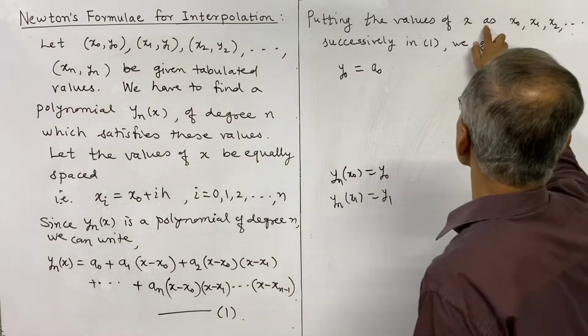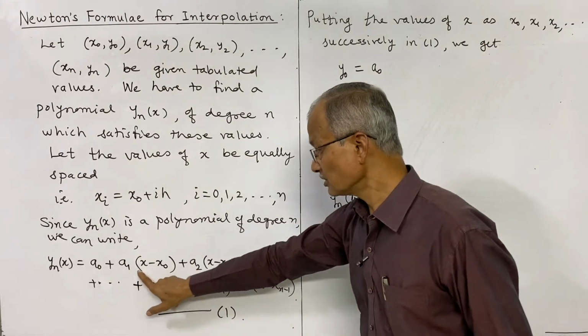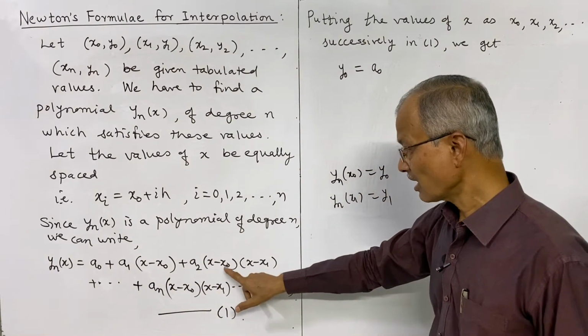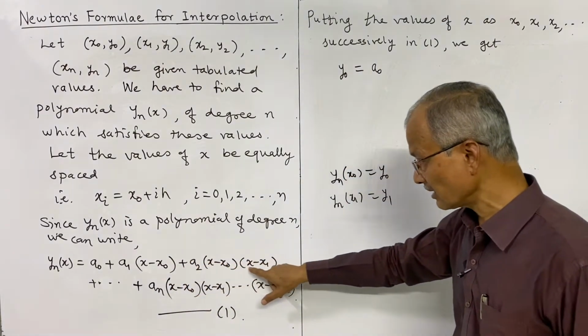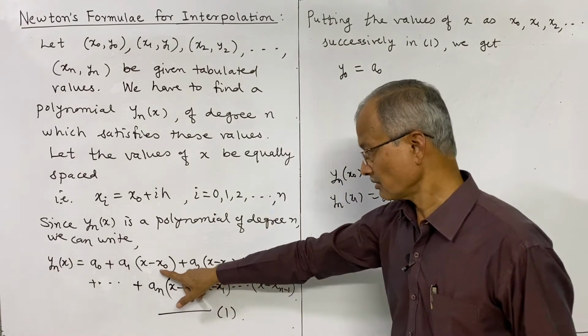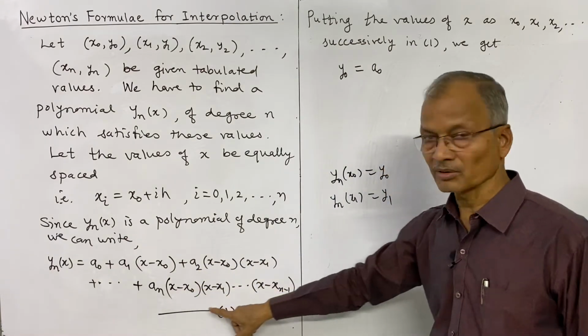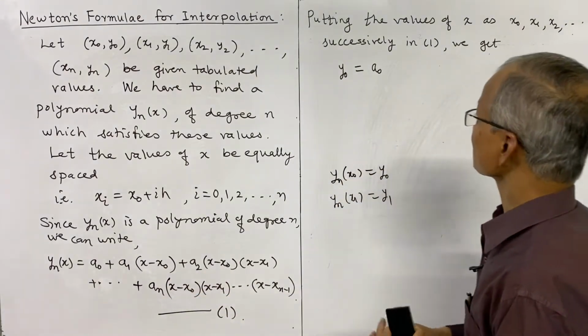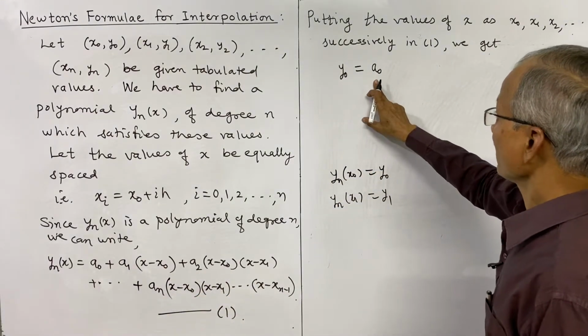We are putting x is equal to x naught, so this is x naught minus x naught, 0. Here also x naught minus x naught. This factor is repeated in each next term, and therefore all remaining terms will be 0. Thus we get y naught is equal to a naught.